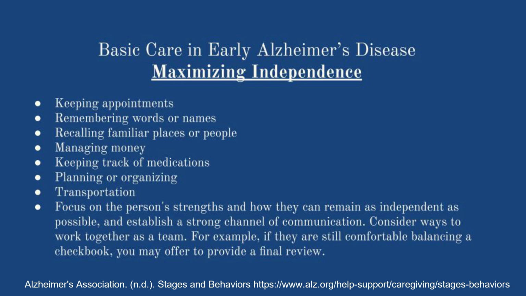And again, always focus on the person's strengths and how they can remain as independent as possible and establish a strong channel of communication. Consider ways to work together as a team. For example, if they are so comfortable balancing a checkbook, you may offer to provide a final review.